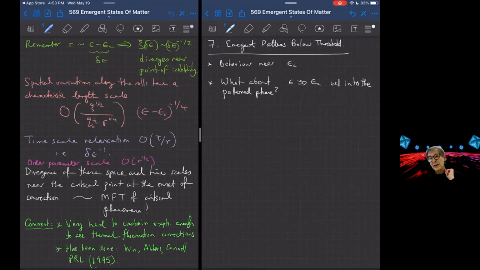If we were to reason with what we already know, what we would guess is that the amplitude of the pattern is saturated by the nonlinearities.